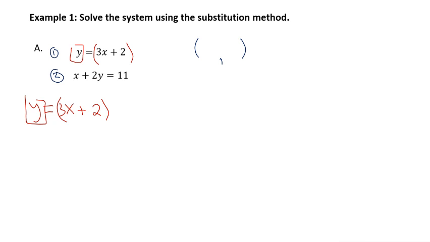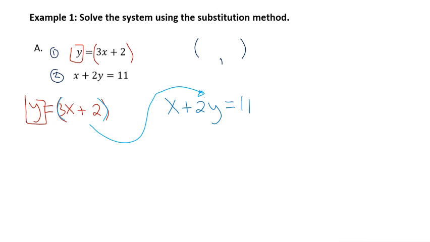So I have one equation that's y equals 3x plus 2, the one with the variable by itself, and my second equation, x plus 2y equals 11. Now we're going to take this expression of 3x plus 2 and substitute it into the second equation.